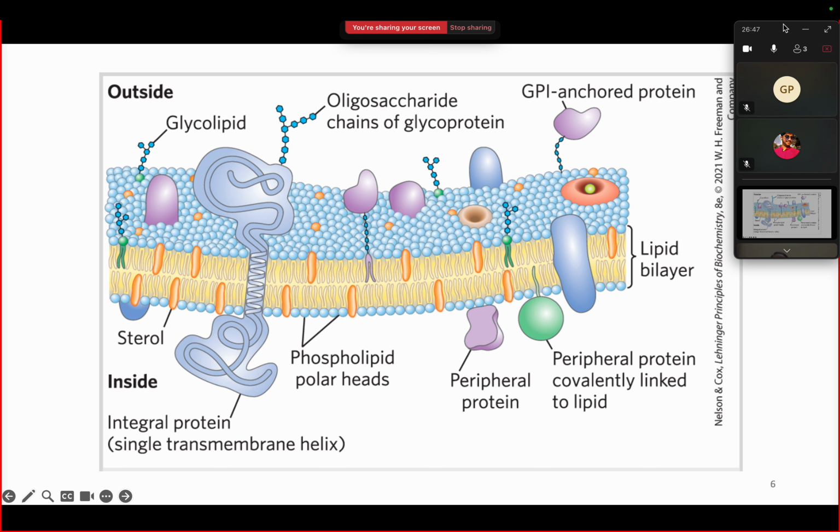All these things can be understood only if we know what lipids are present in the living system, which make up the plasma membrane or the cell membrane.